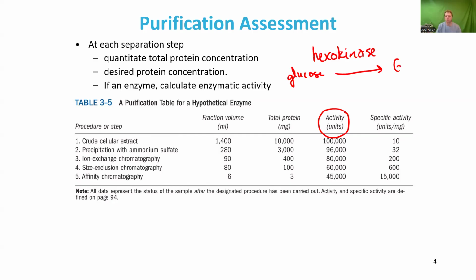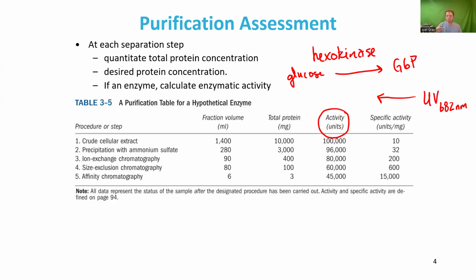to glucose 6 phosphate. Now, let's say hypothetically you used a UV light source and you shined UV light at a cell extract, and you adjusted the UV light source to, I'm just going to pick a number within the UV range, let's say 682 nanometers.